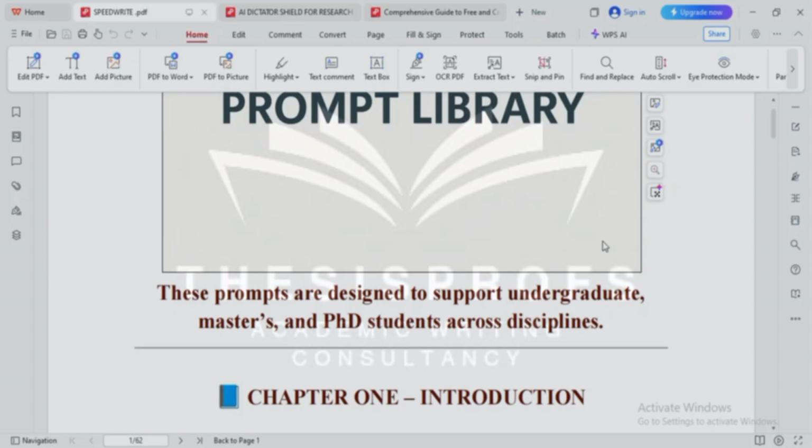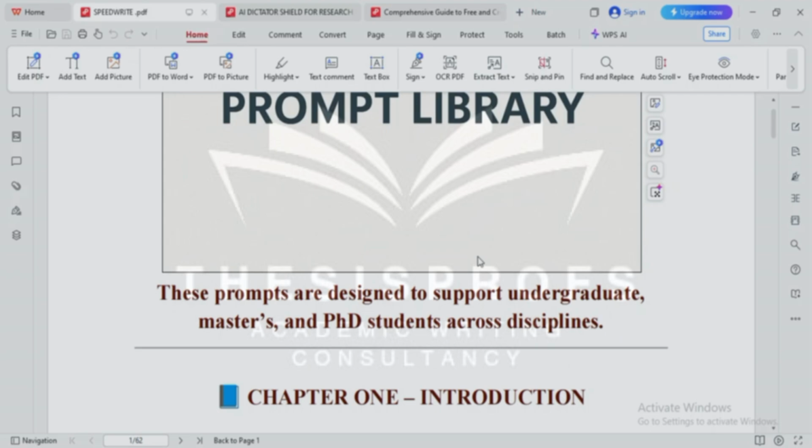Now, this prompt library is actually priming the AI. These prompts are designed to support you in priming these AI tools that you'll be using. So in this tutorial, I'll walk you through how to use prompts smartly and ethically.